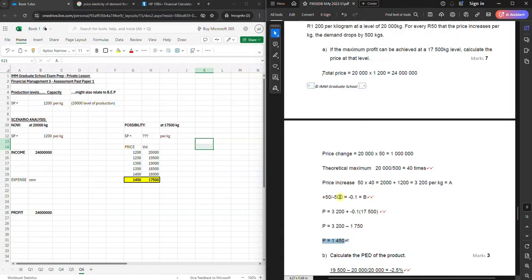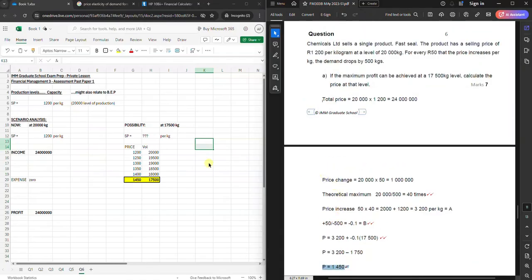You could have worked it out mathematically as well. So I would have looked at this and I would have said 2,500 is the difference, which is 5 times 500. Do you agree? Yes.